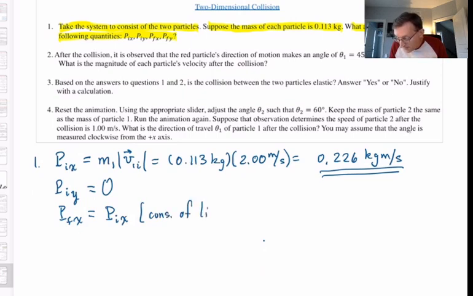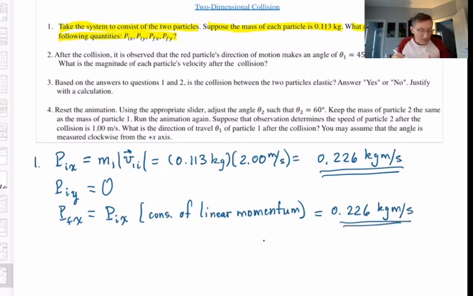By components, the initial x momentum and the final x momentum are equal. So, the final x momentum is exactly the value I had for the initial x momentum, 0.226 kilogram meter per second.